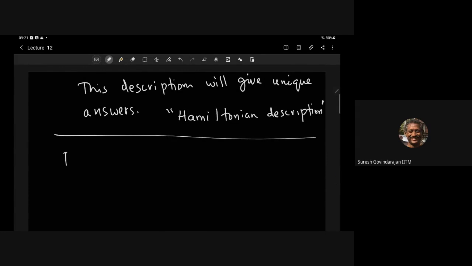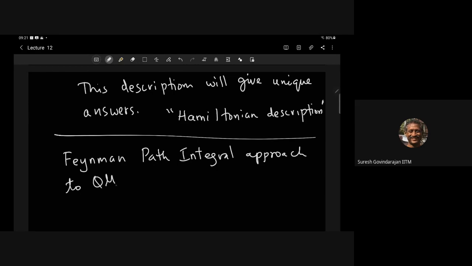The Feynman path integral approach to quantum mechanics generalizes the action principle.